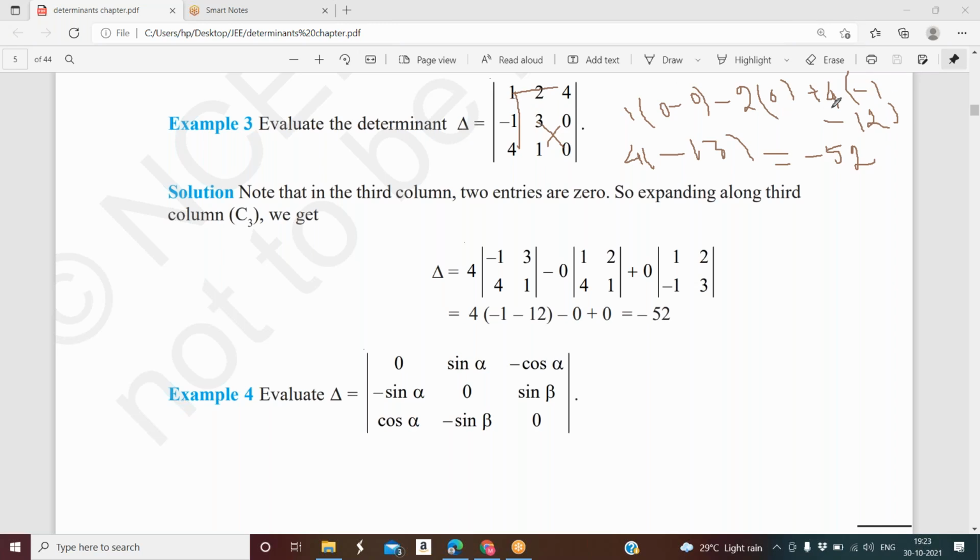We can consider 4 alone because in the second row the last entry is 0, and in the third row the last element is 0. If you consider 4, then you will be getting a 2 by 2 matrix of elements minus 1, 3, 4, 1. Here we have non-zero.